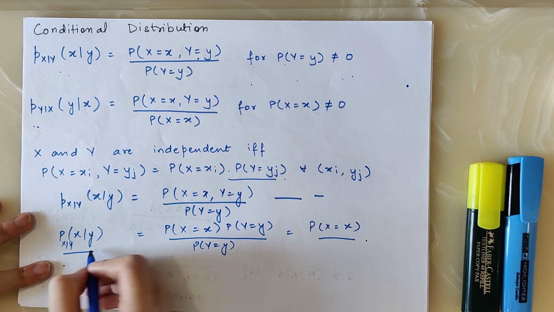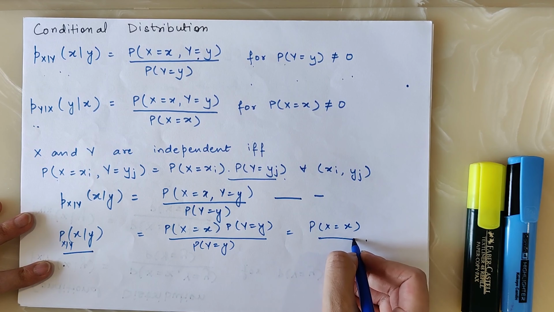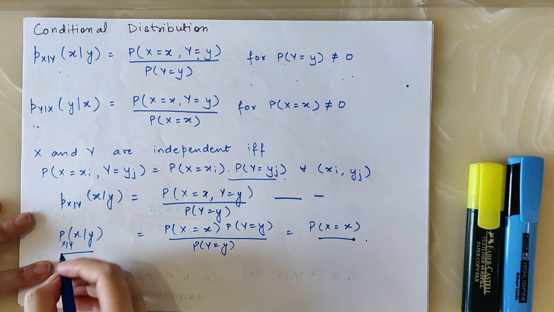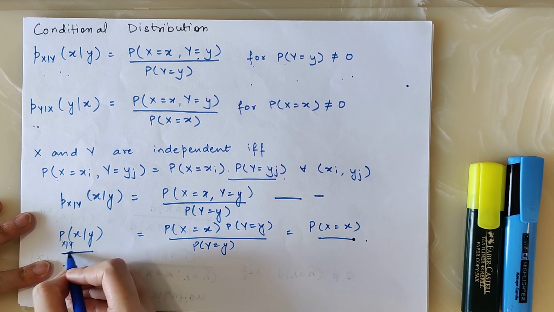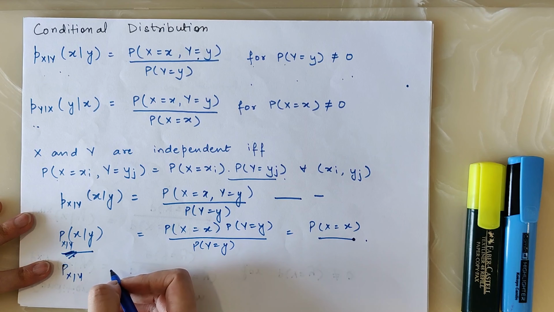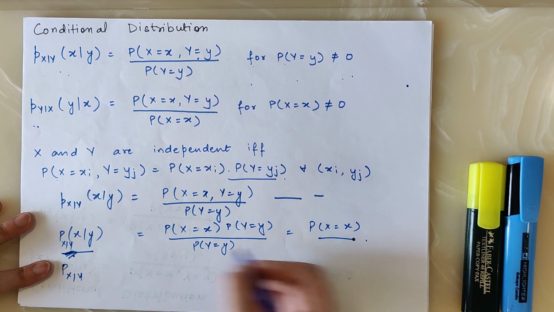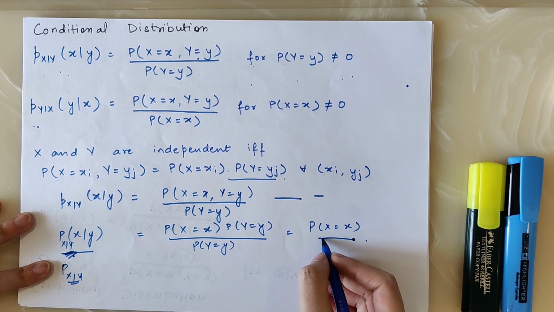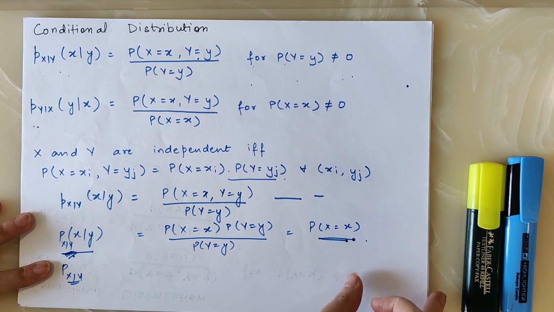So pxy, x given y is equal to probability x is equal to x. This actually means that x is not dependent on y. That is why if we take probability x given y, it makes no difference, and this probability is equal to probability x is equal to x.